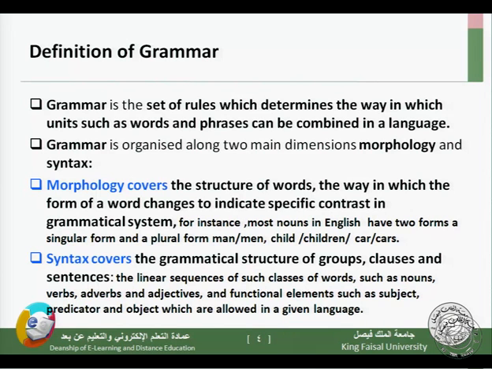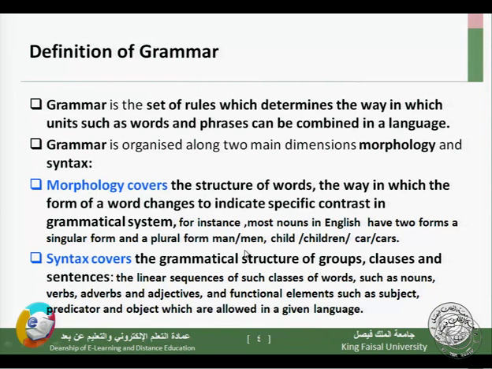It deals with the structure of the words, the way in which the form of the word changes to indicate a specific contrast in a grammatical system. So they play a role in a grammar. The words, the structure of the word.